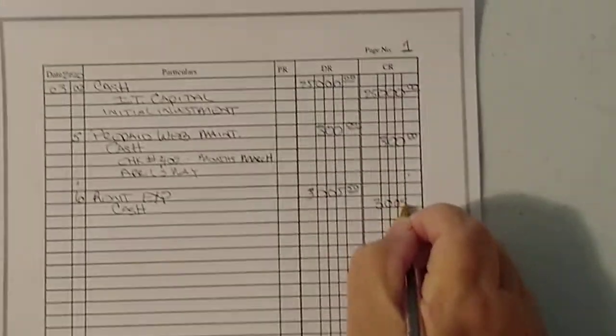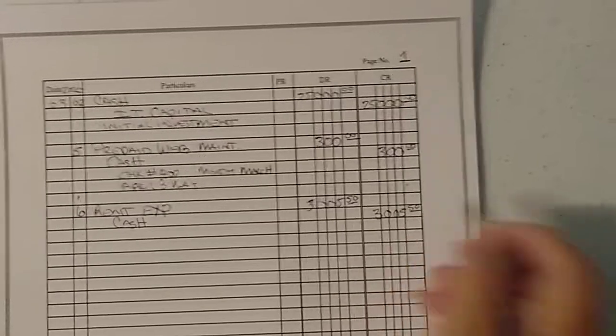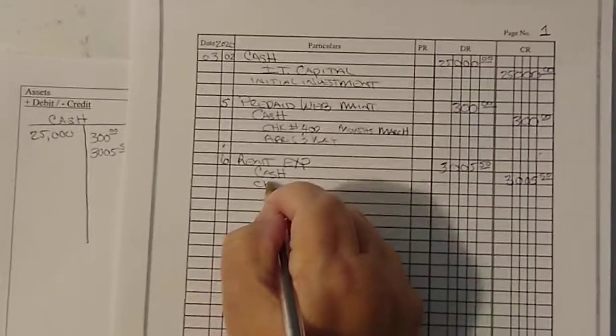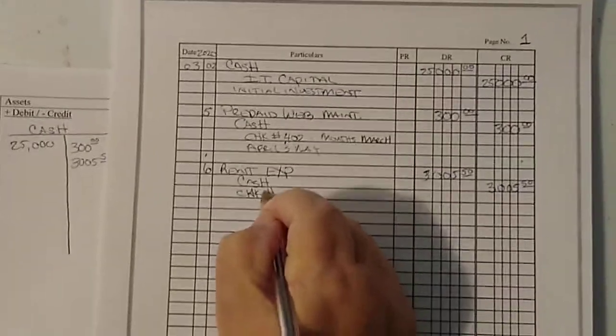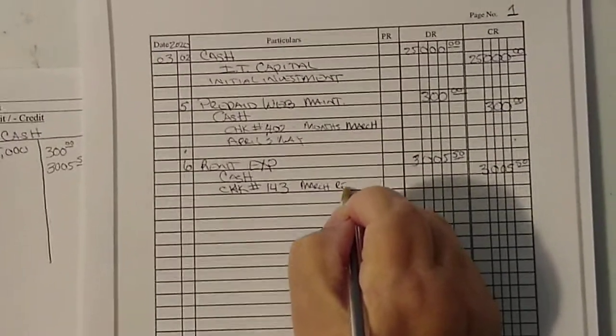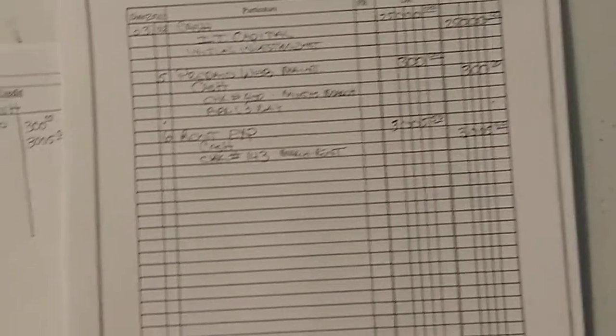We'll go over here to credit it, $3,005 and 50 cents. And then again, you could write the check number, 143, and you can even say March rent. All right, check that one off.